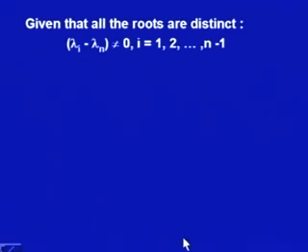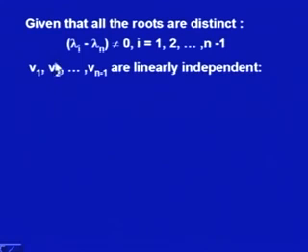Now, given that all the roots are distinct, that means lambda i is not the same as lambda n. For any i equal to 1, 2 to n minus 1, lambda n is different from all these lambda i's. So, these factors are not 0, and further V1, V2, up to Vn minus 1 are linearly independent.